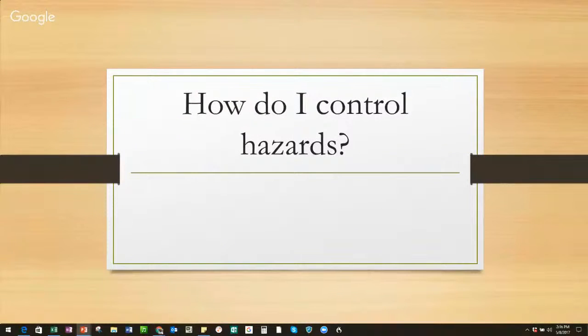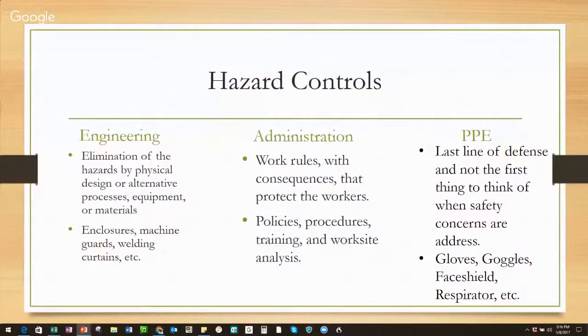So how do you control your hazards? That is a big issue, so we'll talk a little bit about that before we get into the process of the job safety analysis. How do you control these hazards? First is engineering control. You're creating, or it's built in, a physical guard, a block, something that is going to protect your worker from the hazard.